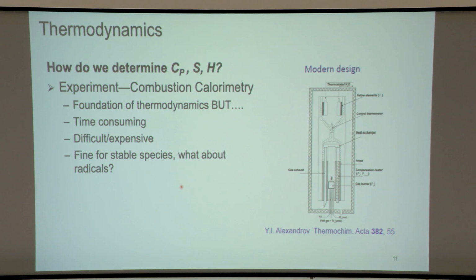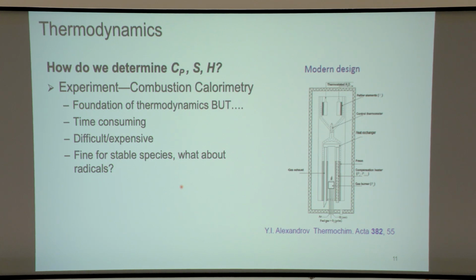Now, this is fine for a very limited number of species. You could do this for n-heptane, a fuel molecule. But what happens for a radical? You cannot put a radical species inside of a calorimeter and measure the heat of formation. It's not possible. And many intermediates like aldehydes, ketones, unstable enols, you can't even buy them or synthesize them and put them inside the experiment.